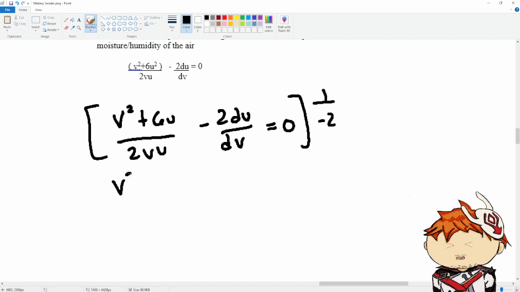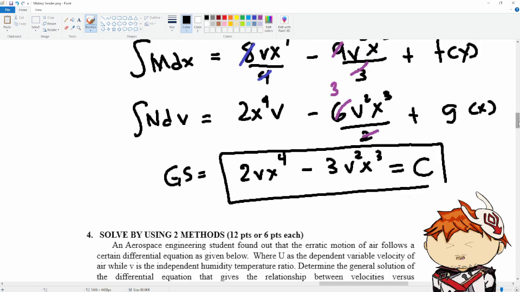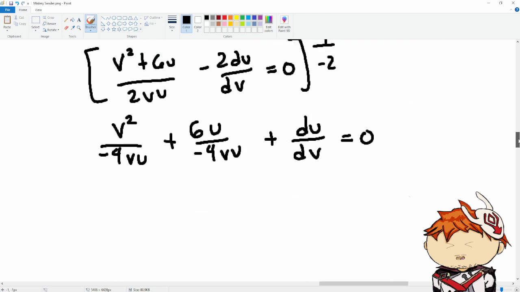So this will become v squared over -4vu plus 6u over -4vu plus du over dv. See, there are three variables that could be linear or non-linear or Bernoulli, right? So I'm going to try du first.